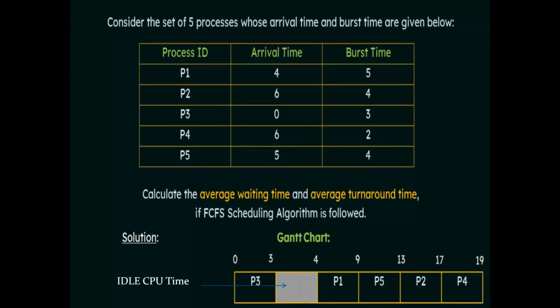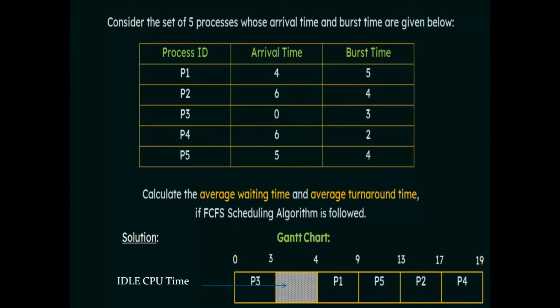After that, at the 4th unit of time, process P1 arrives. So as you can see here, from 3 to 4 units of time the CPU is idle, means no process is available for the CPU to execute. At the 4th unit of time, process P1 arrives and the burst time of P1 is 5 units.